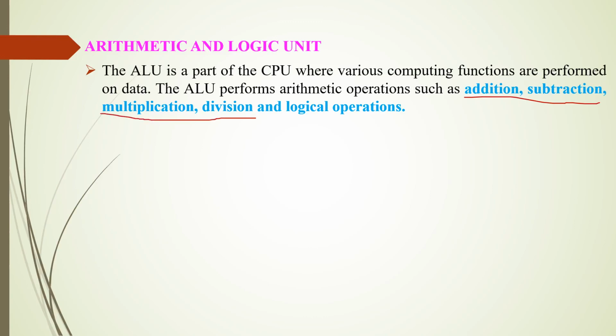These are mathematical terms we know very well. What is meant by logical operations? Logical operations mean less than, greater than or equal to, and, or, not. You are going to study these in chapter 2 part 2. Logical gates are an important concept.